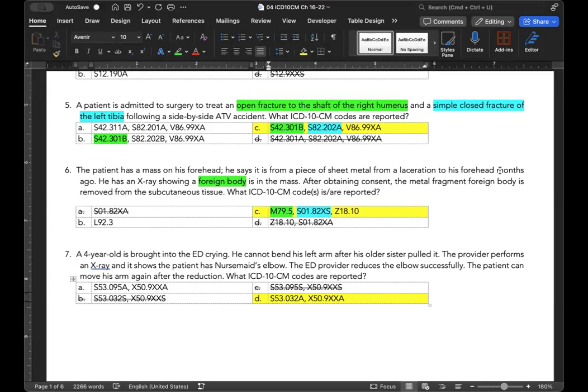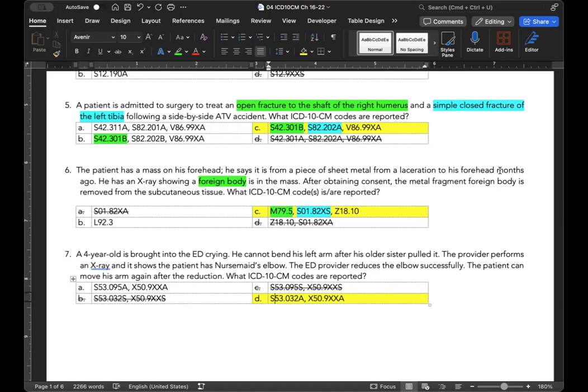Let me go back and look at M79.5, because I'm pretty sure. Hang on, it's been a minute since I've fully looked at this from a coding from scratch standpoint. I think there is one of them that tells you that you have to code S01.82, a retained foreign body.